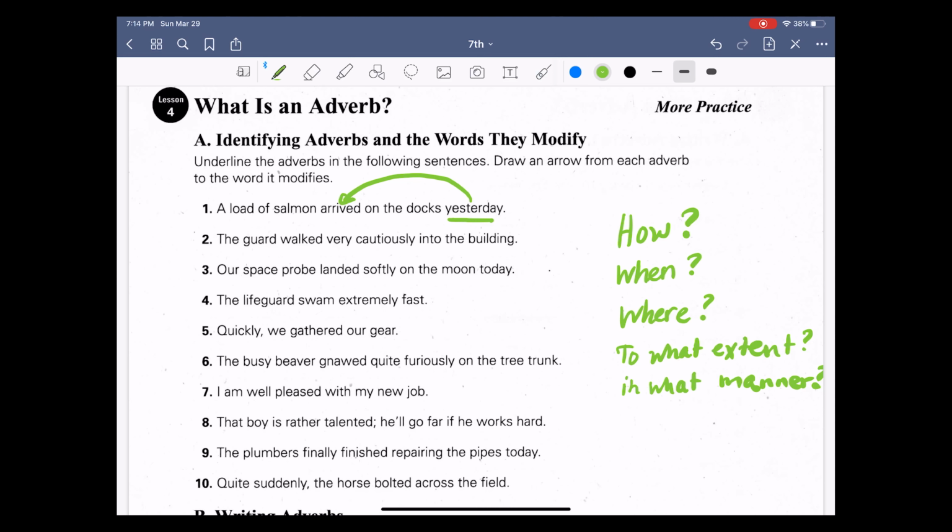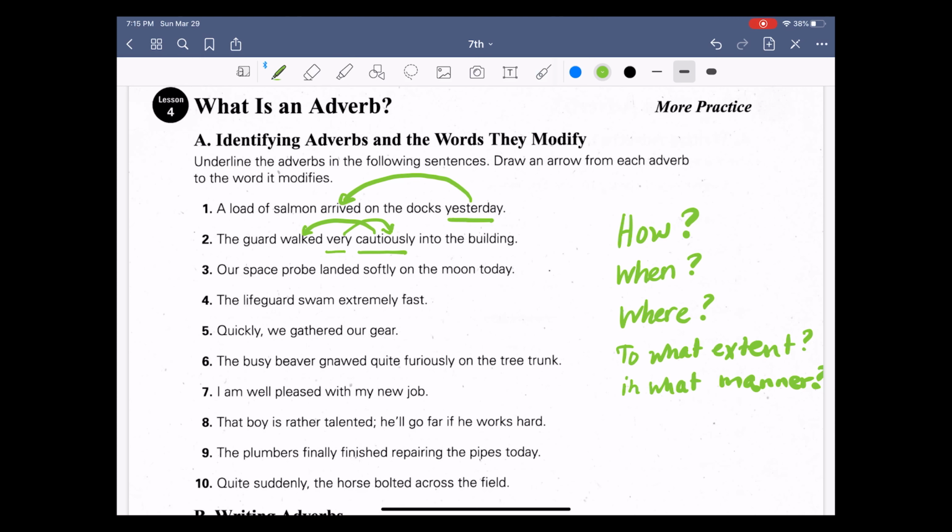The guard walked. In what manner did he walk? Cautiously. So cautiously is telling us how he walked. And then here we have an intensifier telling us, to what extent did he walk cautiously? So very is telling us about cautiously.